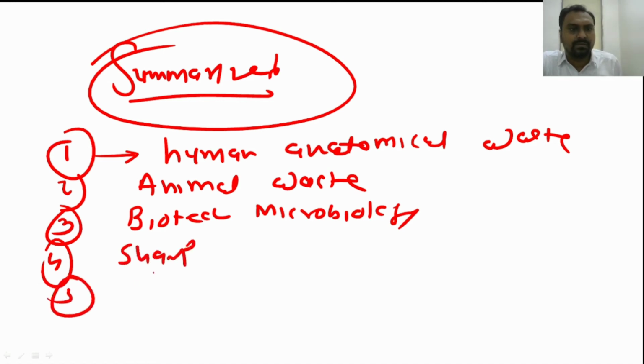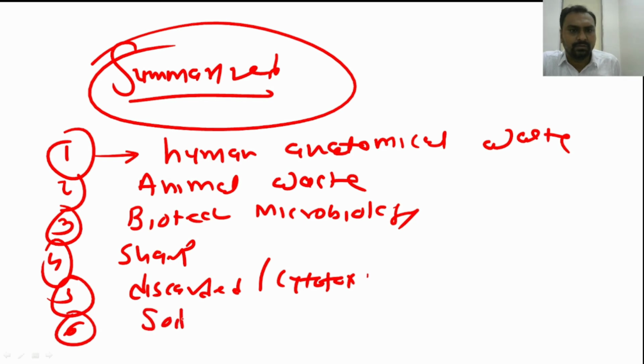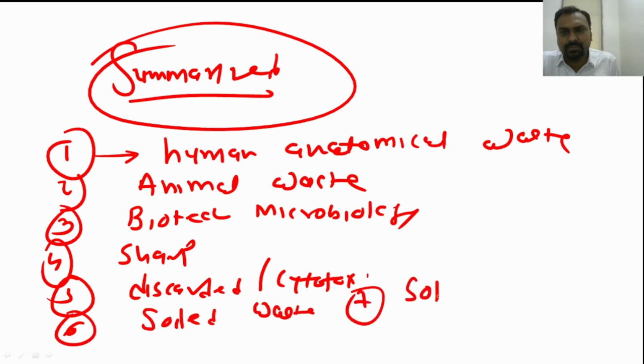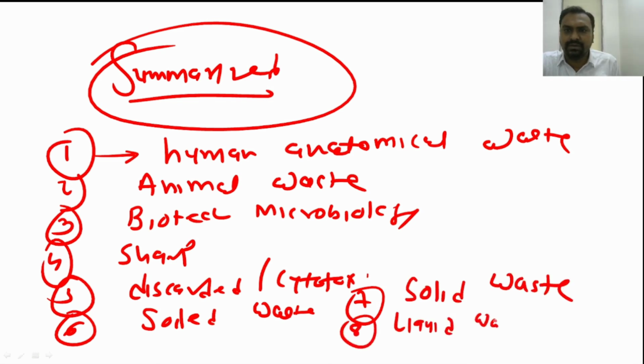Fifth is for the discarded medicine or cytotoxic drugs. Sixth is soiled waste. 7 is solid waste. 8 is liquid waste. 9th is incineration ash, and 10th is chemical waste.